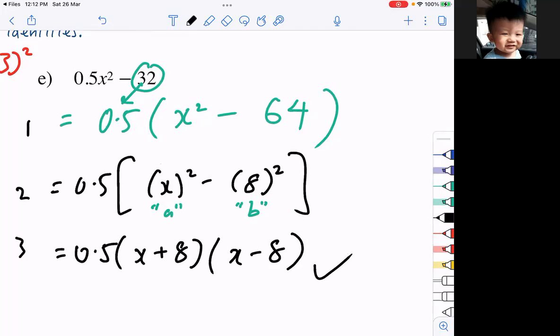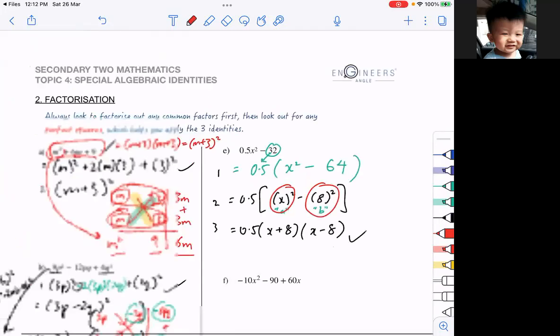Can. You do not understand how I go from second to third. You have to just keep practicing. You have to memorize the format, the structure of the formulas. When I see something square minus another thing square, straight away I'm remembering the third formula. And the third formula says A plus B, A minus B is all there.